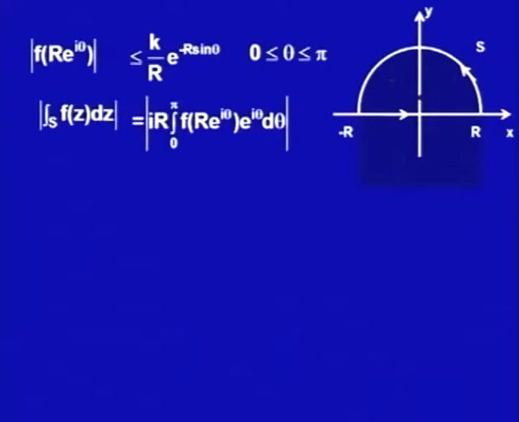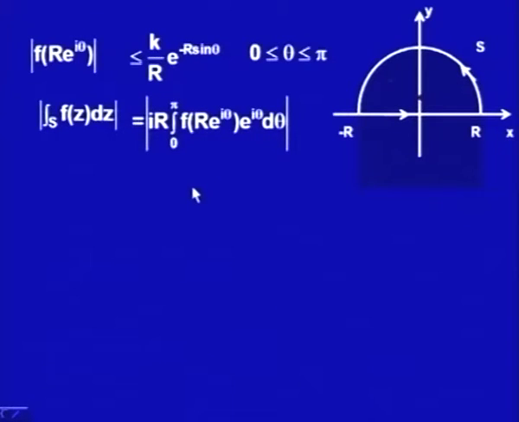So, I can take this i and r outside. Now, take the absolute value. Say this is x and this is y, so it would be the absolute value of x times the absolute value of y. The absolute value of i r would be r only, and then the absolute value of the integral from 0 to pi of f of r e to the power i theta times e to the power i theta d theta.